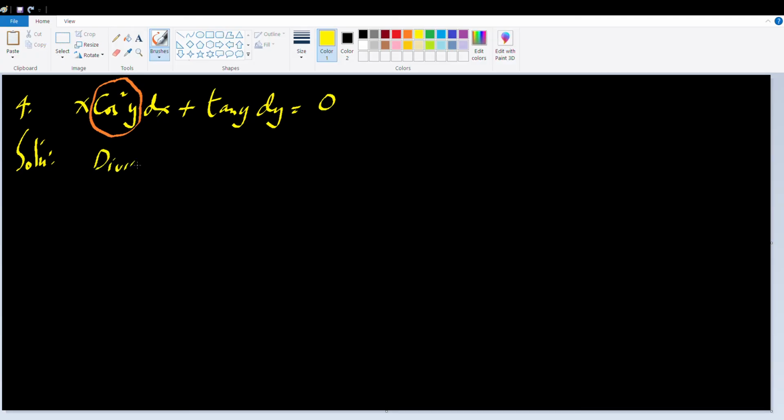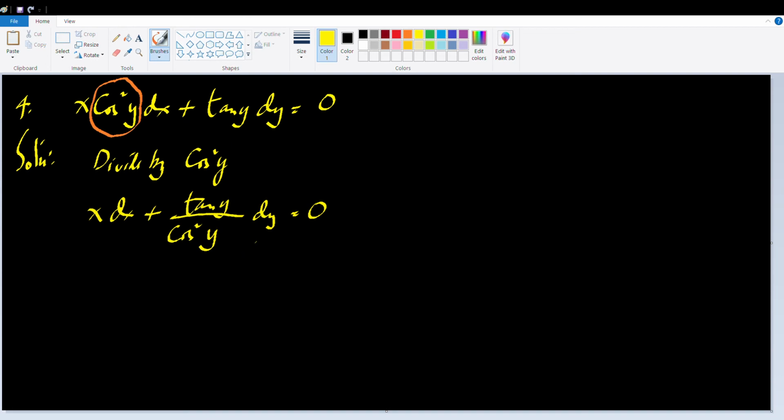So divide by cosine squared y. We'll be getting x dx plus tangent y over cosine squared y dy equal to 0. 1 over cosine squared y is equivalent to secant squared. So we can write this as tangent y secant squared y dy.